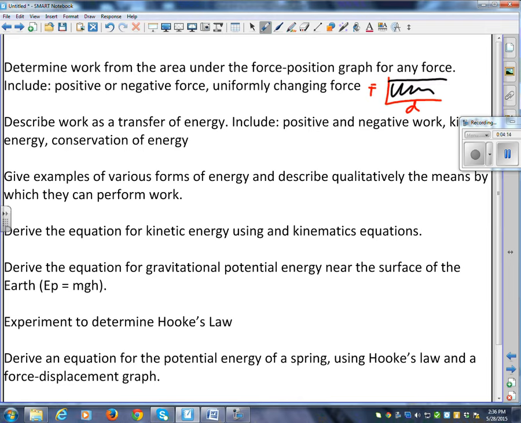F times D. Work is F times D, therefore work is the area under the graph. And if that graph is above 0, then it's positive work, and if it's below 0, it's negative work, right? If it's a uniformly changing force, it's not a rectangle anymore, it's a triangle, right? Half the base times the height.